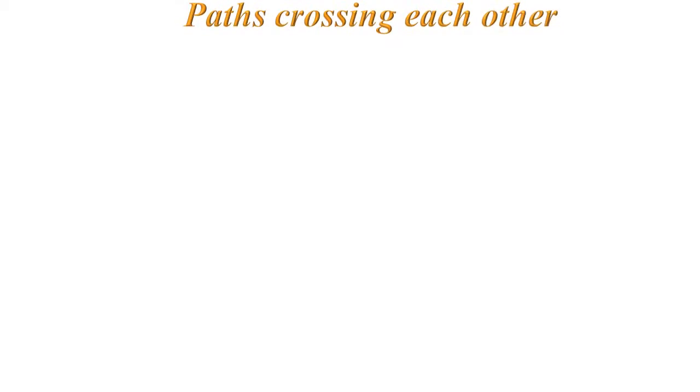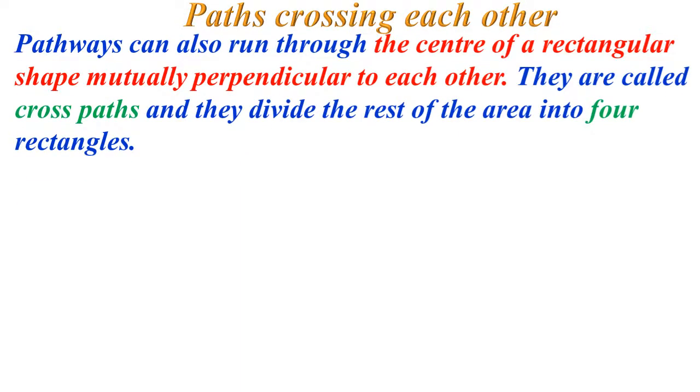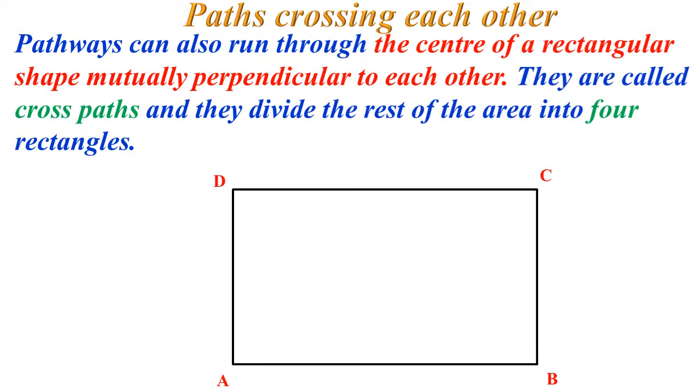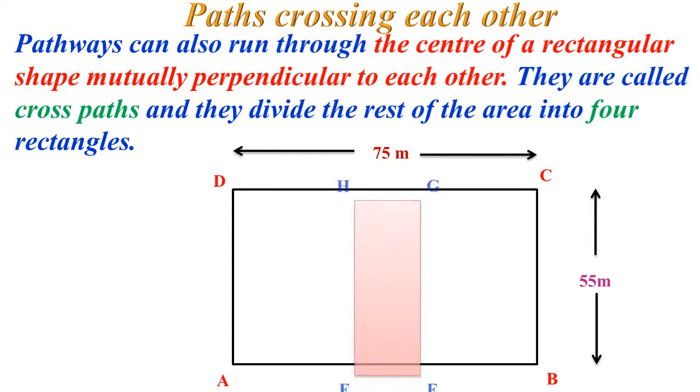Let's see paths crossing each other. Pathways can also run through the center of the rectangular shape, mutually perpendicular to each other. They are called cross paths and they divide the rest of the area into 4 rectangles. Look at the picture. First rectangle ABCD, length 75 meter, breadth 55 meter.